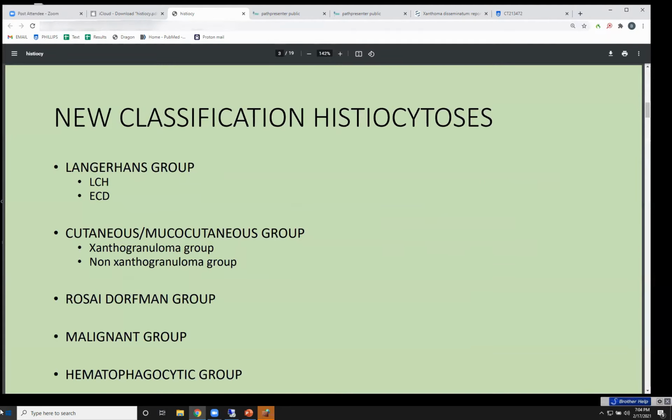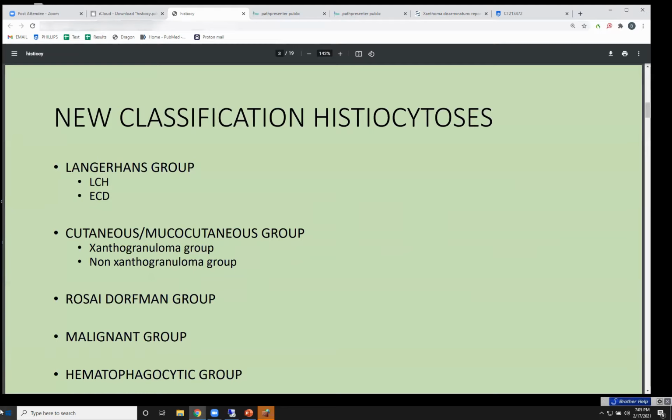So the new classification of the histiocytoses is on this slide. The first group is the Langerhans cell group. And in that group is Langerhans cell histiocytosis and indeterminate cell histiocytosis, and then Erdheim-Chester disease. And fourthly, there's a mixed group where you have Erdheim-Chester and Langerhans cell histiocytosis together.